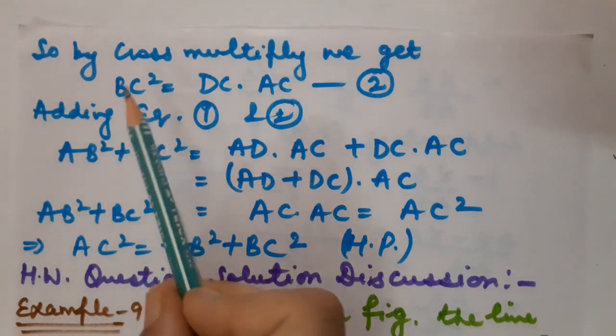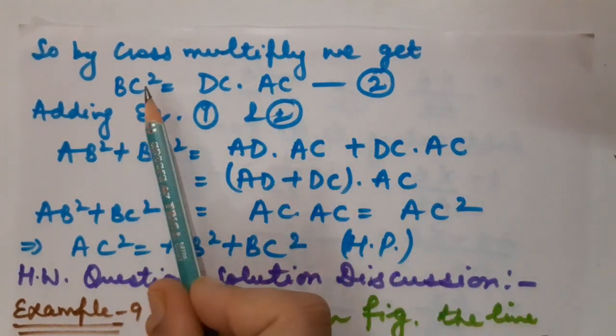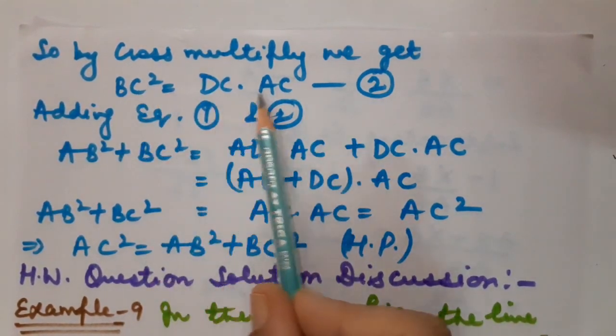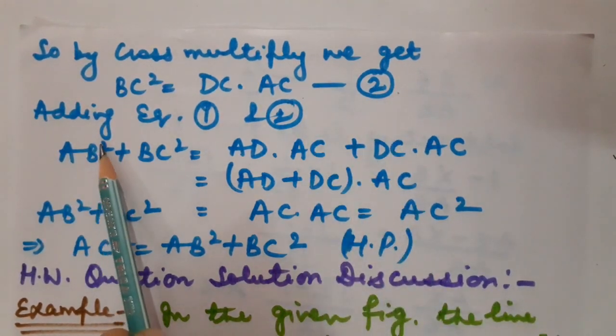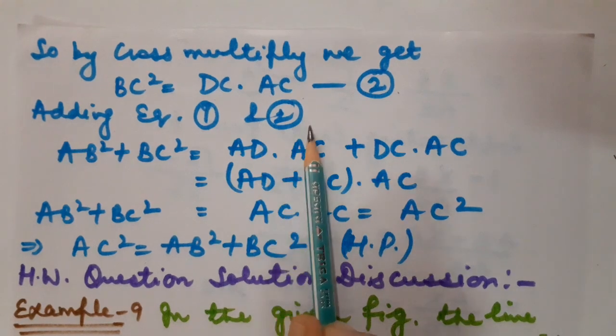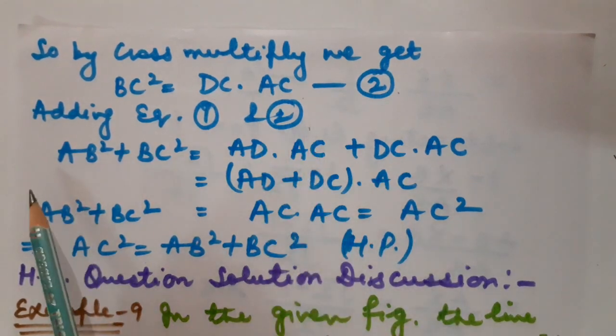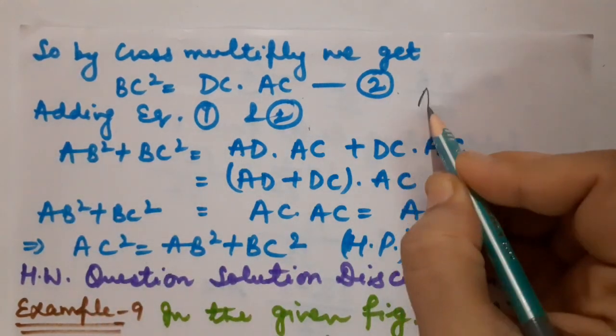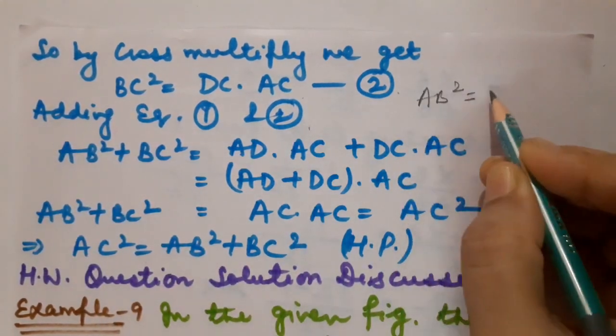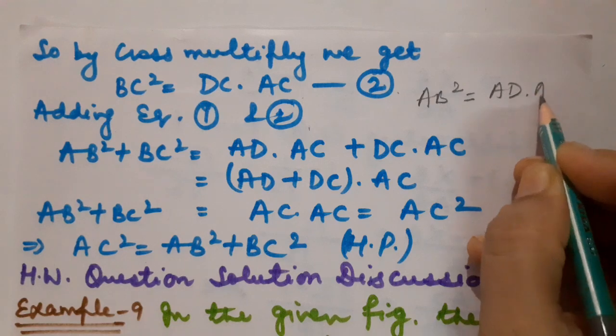So children, by cross multiplying, we get BC square is equal to DC into AC. That is equation number 2. Now I am going to add equation number 1 as well as equation number 2. In equation number 1, I had AB square is equal to AD into AC.